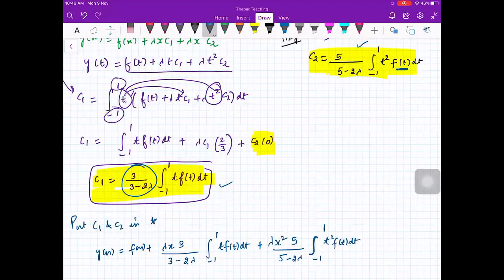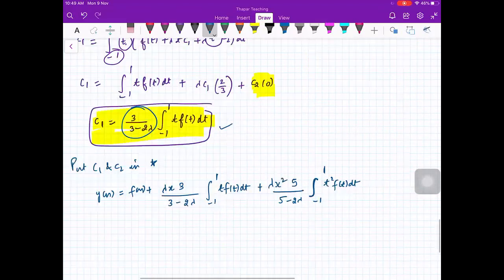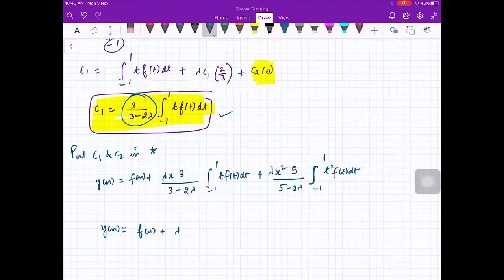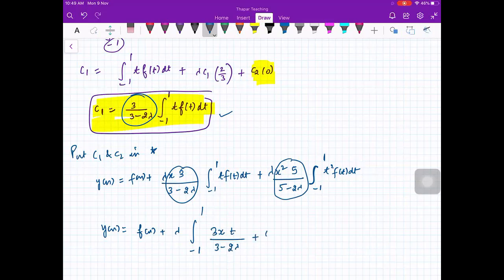You can just combine it: y of x is equal to f of x plus lambda, and bring everything inside because these are functions of x. So you'll get 3xt upon (3 minus 2 lambda) plus 5x square t square upon (5 minus 2 lambda), into f of t dt.